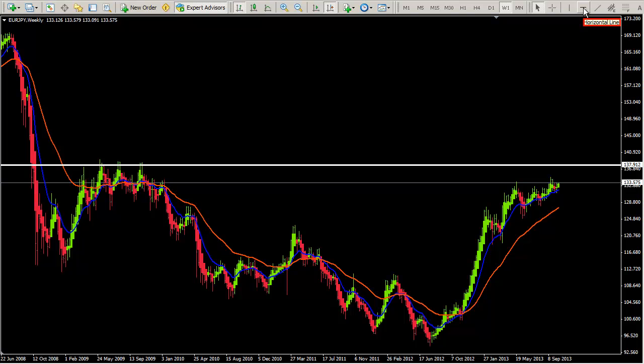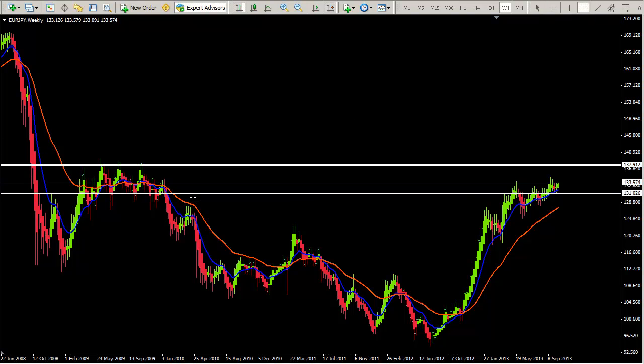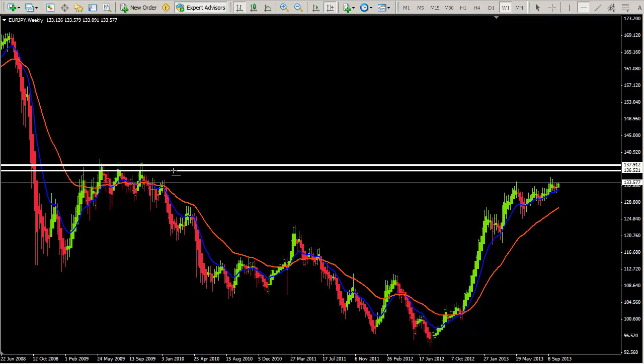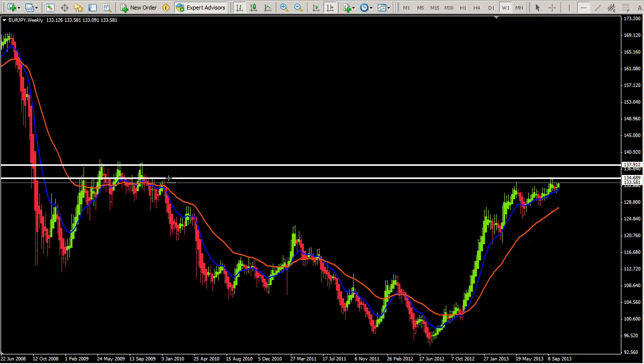If I take another horizontal line and start drawing it, look at this area. We have also many touches here, right? You see that here and there and there and there. And what happened in this area? The price bounced in this area.